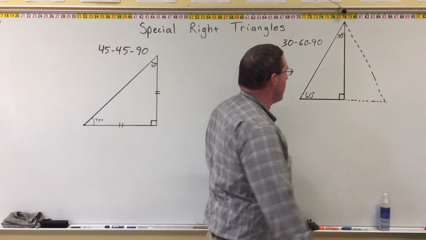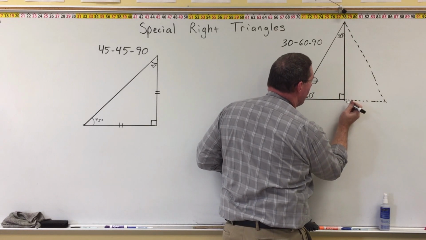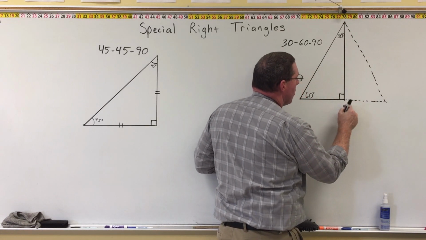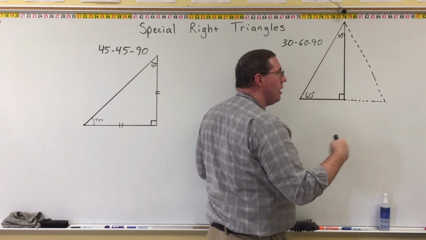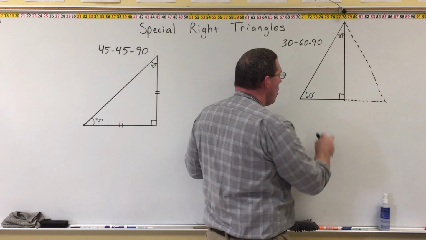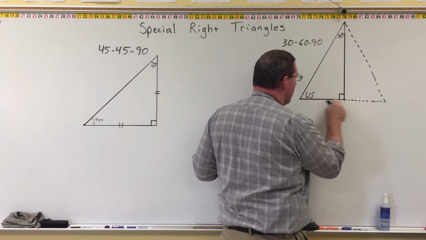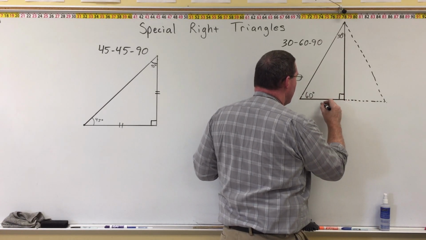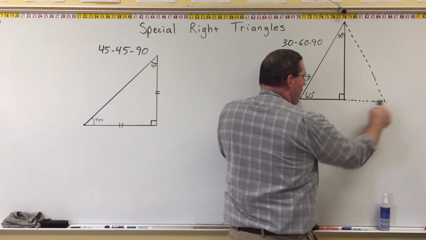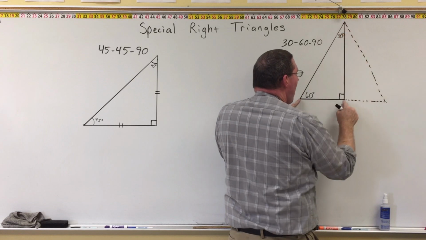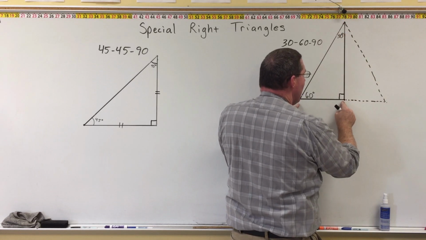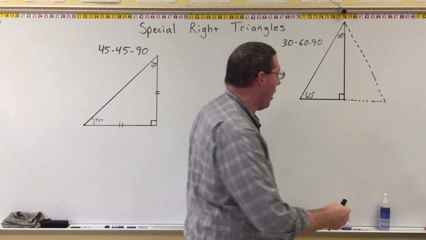And that means that down here, where it hit down here, it cut this side in half. So that means that from here to here, this leg is half of the whole thing. And since the whole thing is equal to the hypotenuse, that means that this smaller leg is half of the hypotenuse.